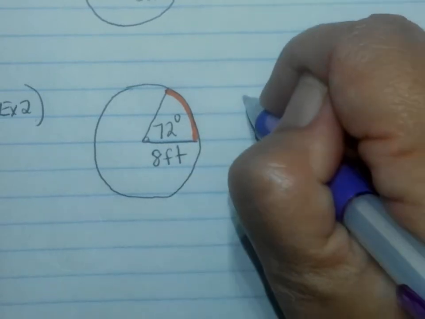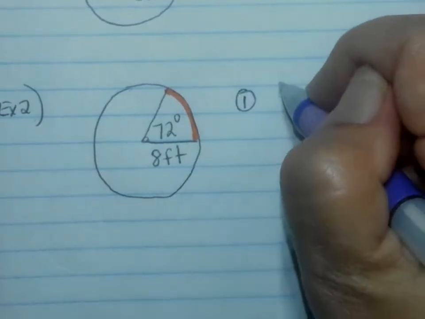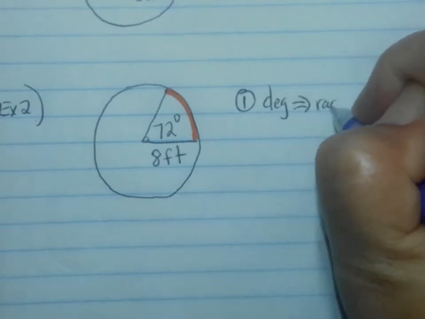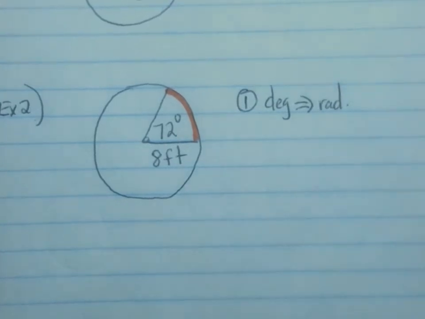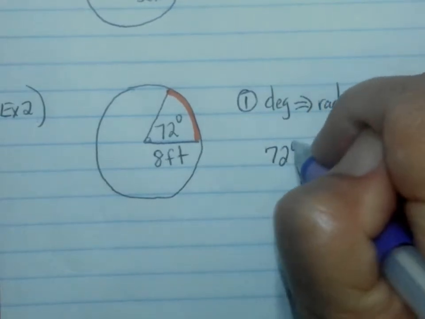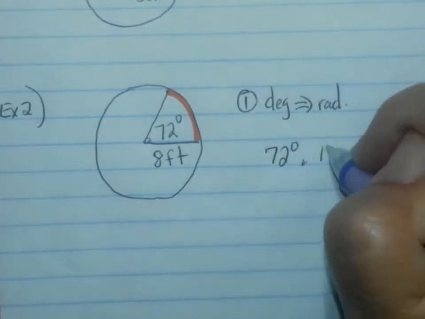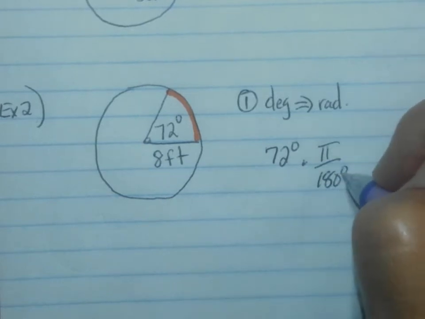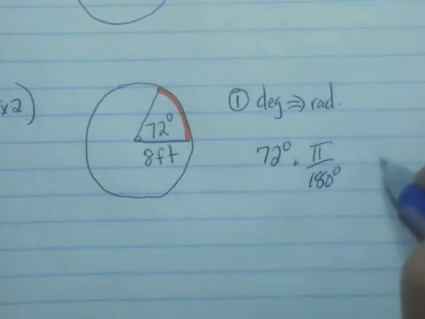But the first thing that you have to do is to take your degrees and convert it to radians. So when you're finding arc length, you first have to convert your degrees to radians. So we know how to do that. We're going to take 72 degrees, and we're going to multiply by pi over 180, because pi radians and 180 degrees are equivalent.